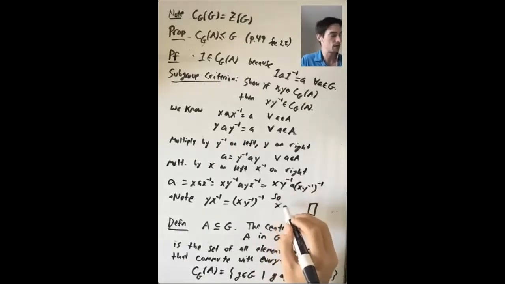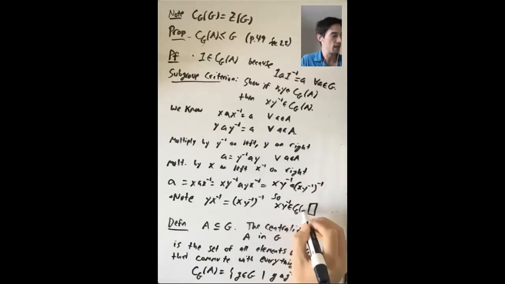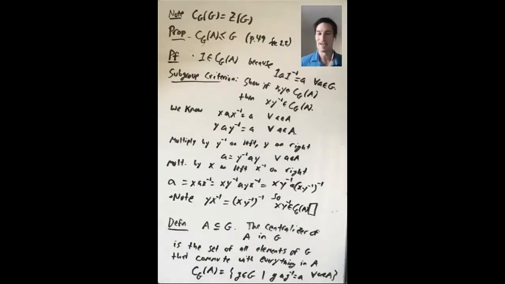So XY inverse is in C_G(A). I wanted to go through this argument because it's a nice application of using exactly what the subgroup criterion says to show that something is a subgroup.